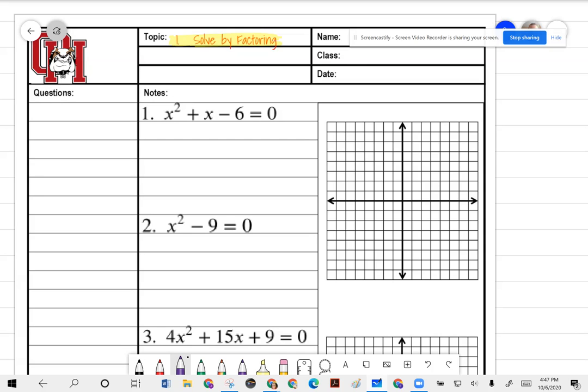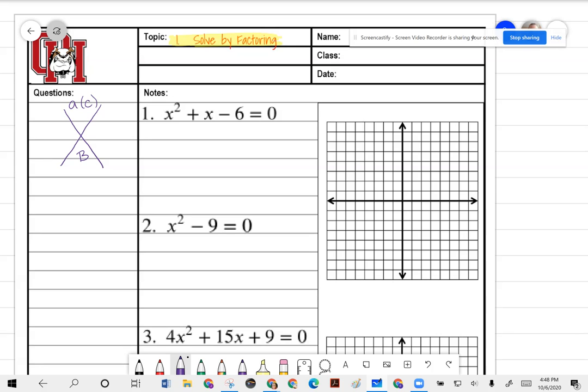The one thing you want to make sure of when you factor this is that you set it equal to 0. And then you are utilizing the idea of figuring out what multiplies to a times c, and it has to add to the b term.